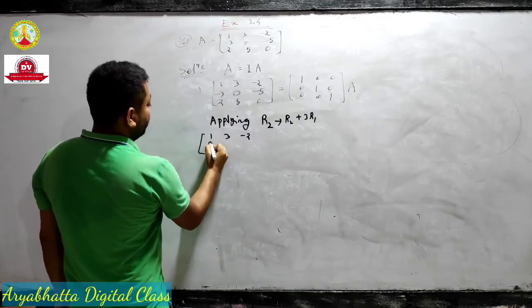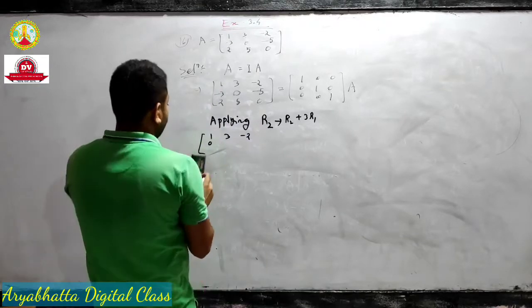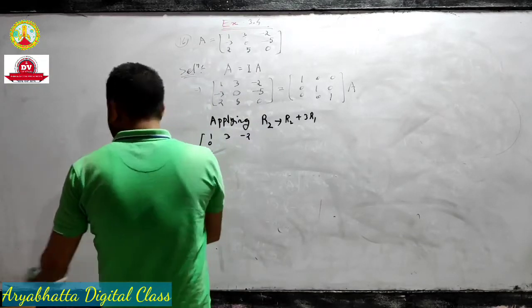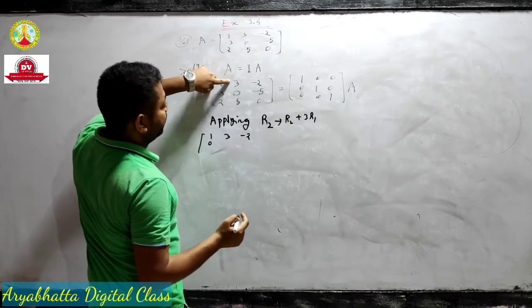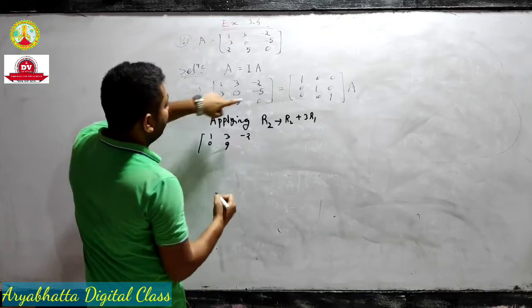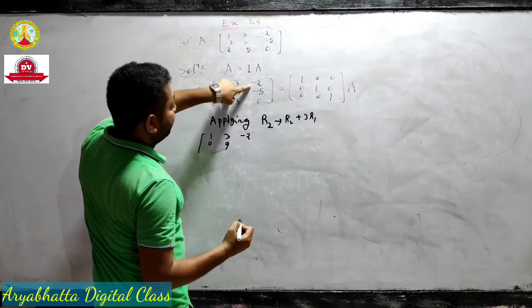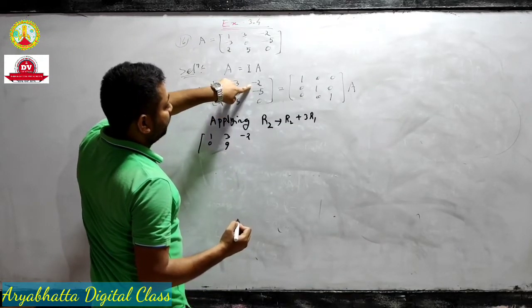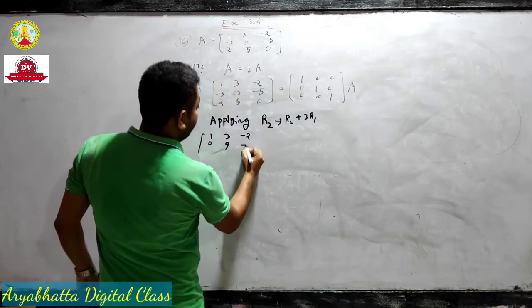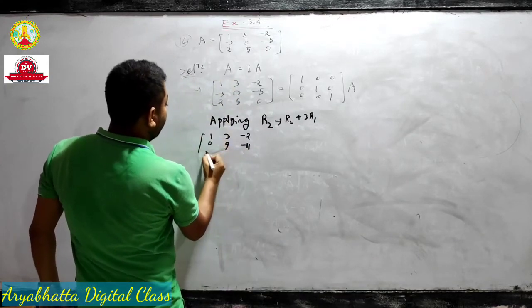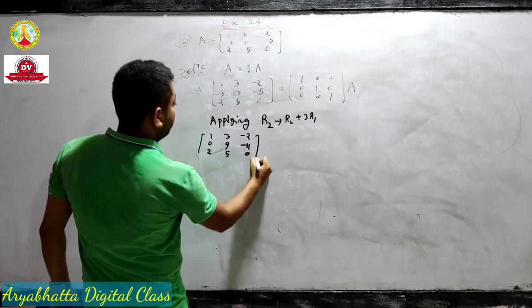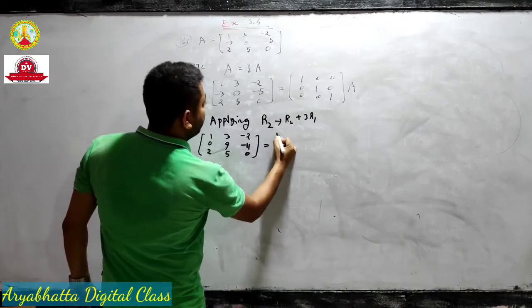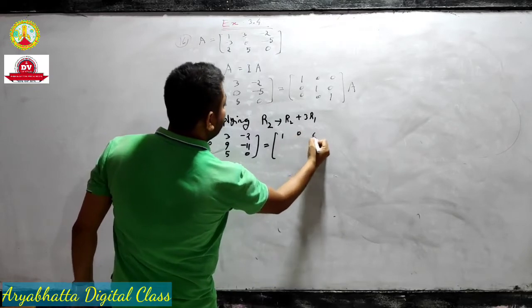This is equal to 0, and this equal to 0 plus 3 into 3, 9. This equal to minus 5, minus 6, minus 11, and the third row is equal to 1, 0, 0.